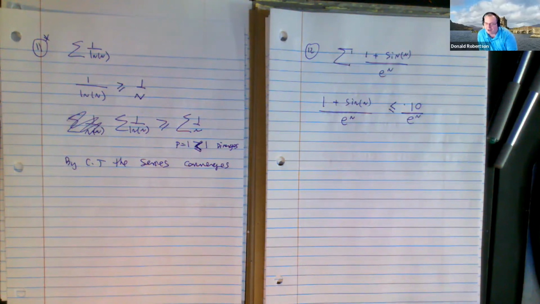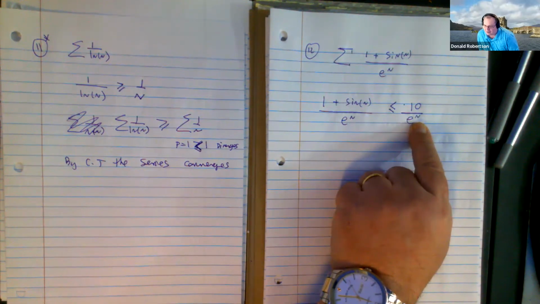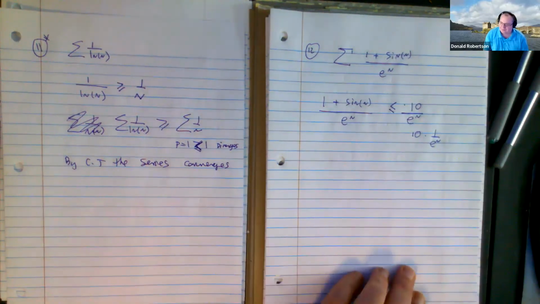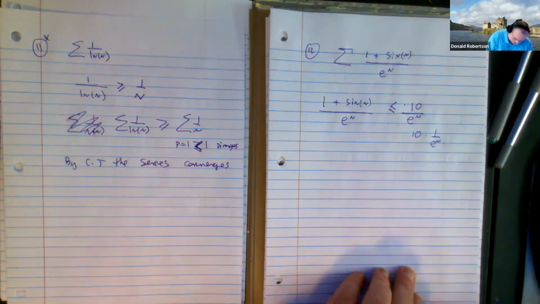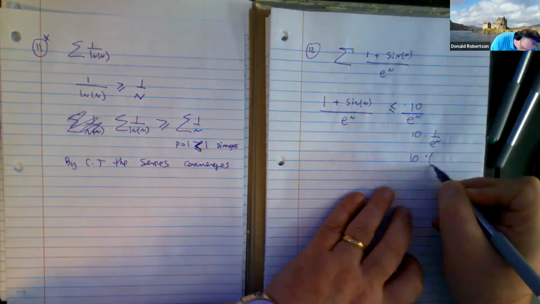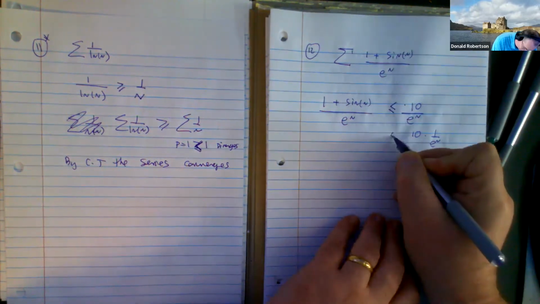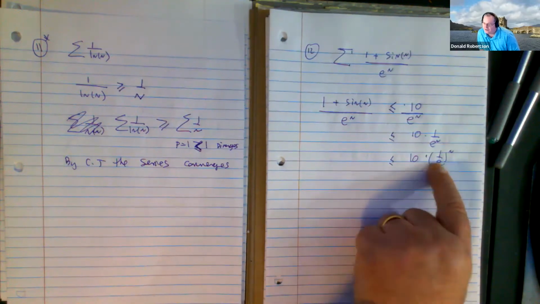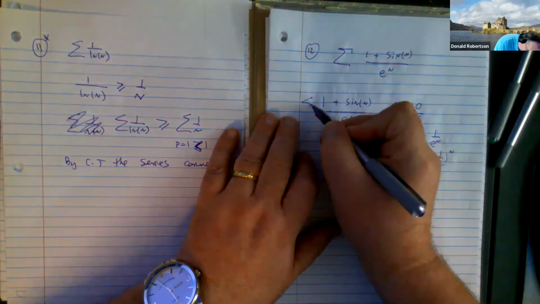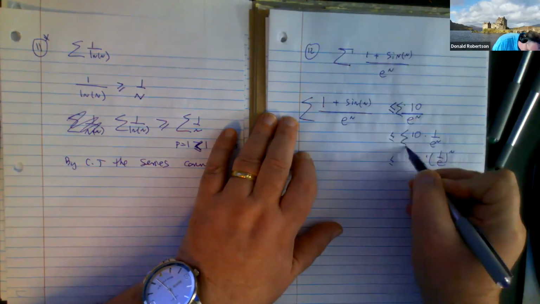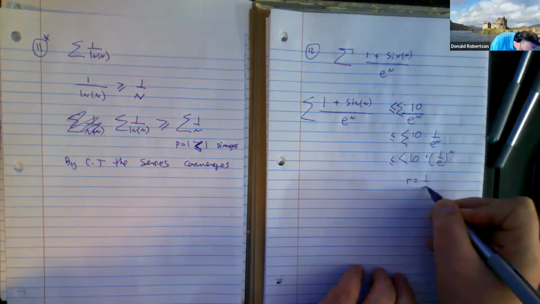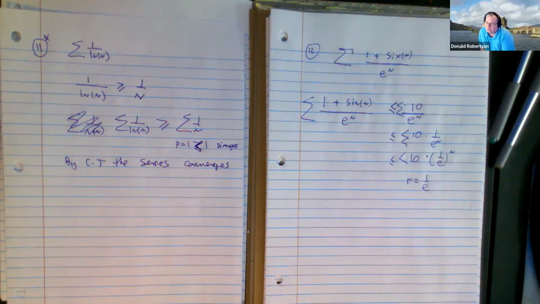Okay. Now, do you recognize that guy as basically 10 times 1 over e to the n? Do you see it's basically just a disguised geometric series? Agreed, that's a disguised geometric series. So if I stick a sigma in front of these two guys, what do you know about a geometric series whose R value is 1 over e? Converges or diverges?